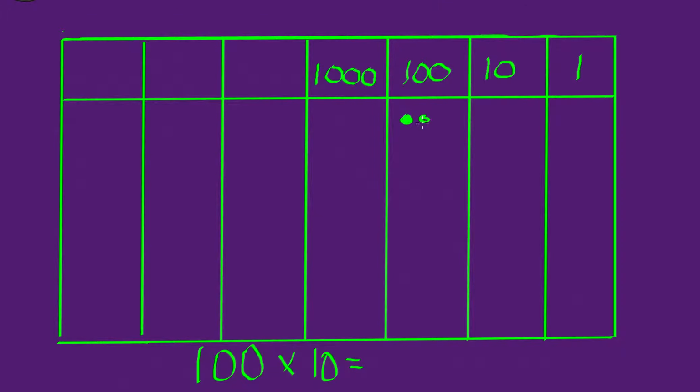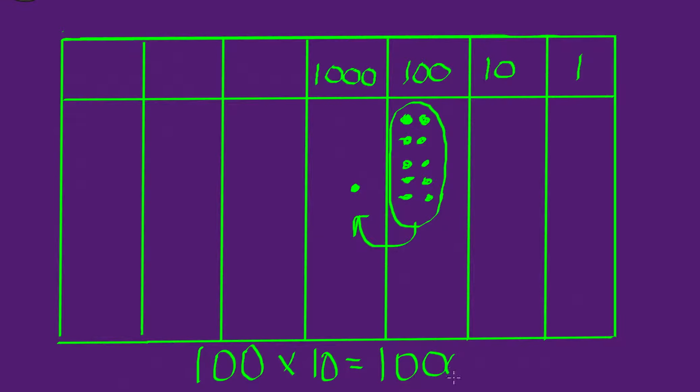So you make 10, 1, 2, 3, 4, 5, 6, 7, 8, 9, 10. So 100, 200, 300, 400, 500, 600, 700, 800, 900, and then this one is 1,000. So this group can be moved over to here, and that will give you 1,000. So the answer is 1,000. This is what you learned in Lesson 1.